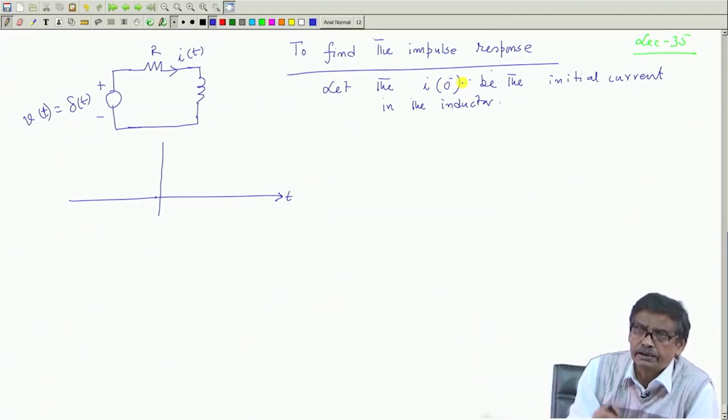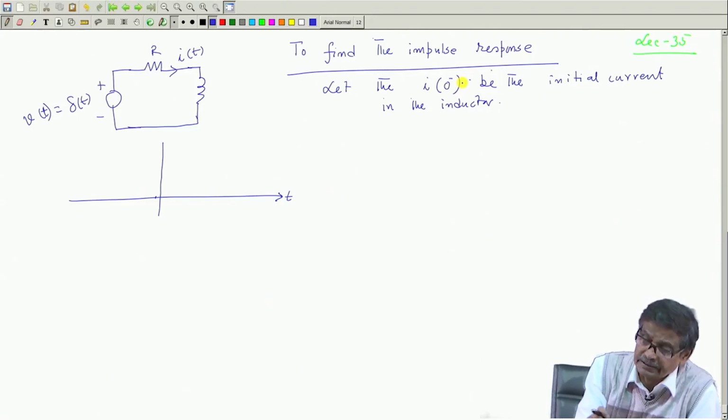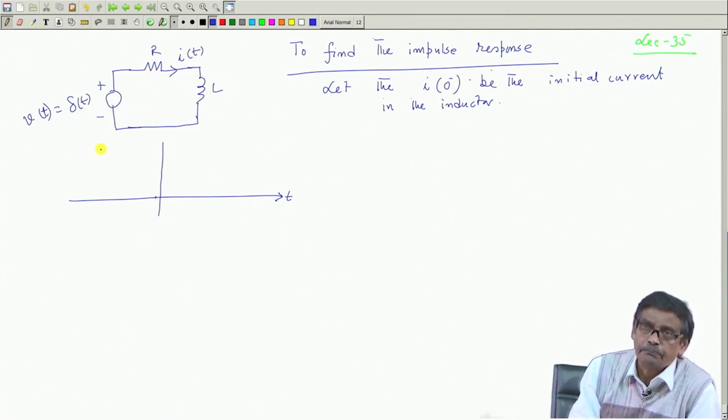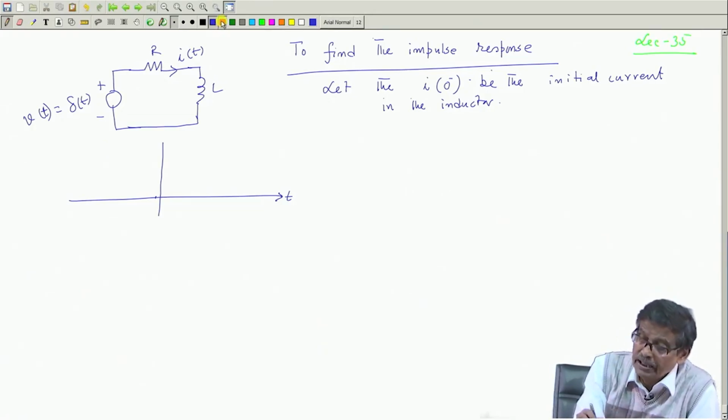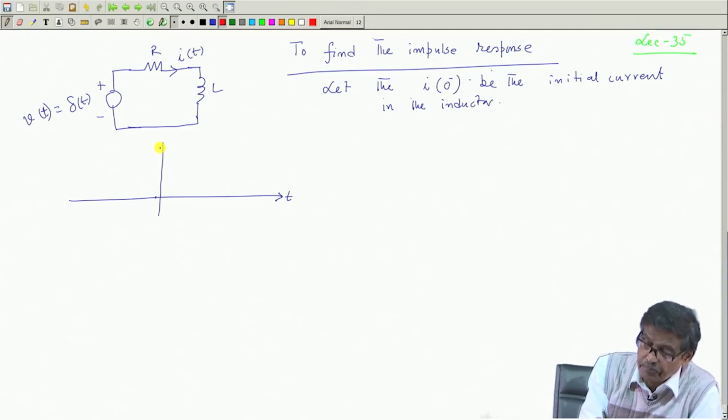Then suddenly you connect this inductance and R across an impulse voltage source.